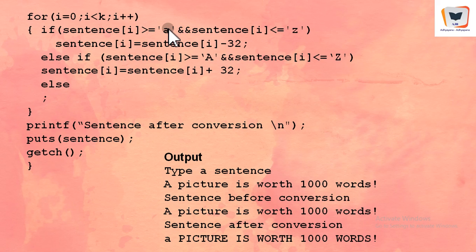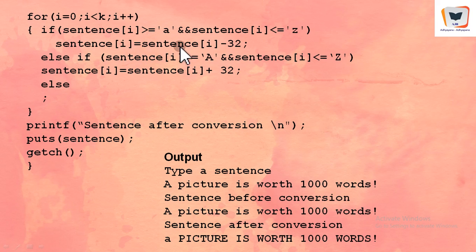Here the ASCII values will be compared. Greater than or equal to small a, that is 97, and lesser than or equal to 97 plus 26, whatever that comes, that is 123.